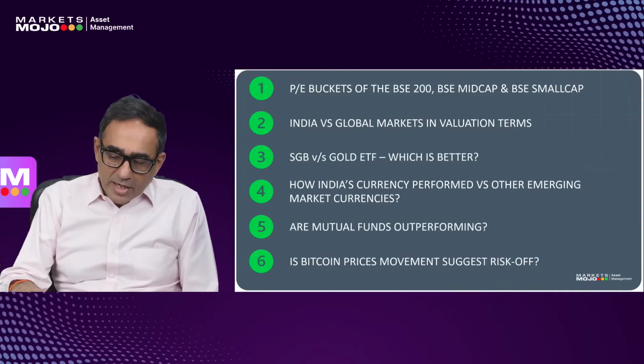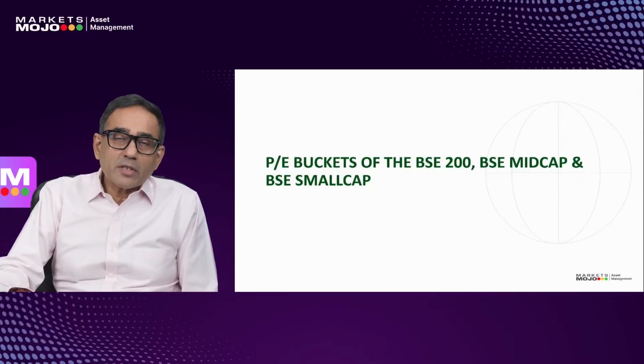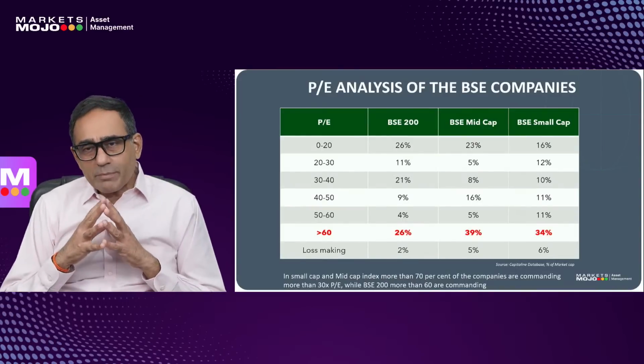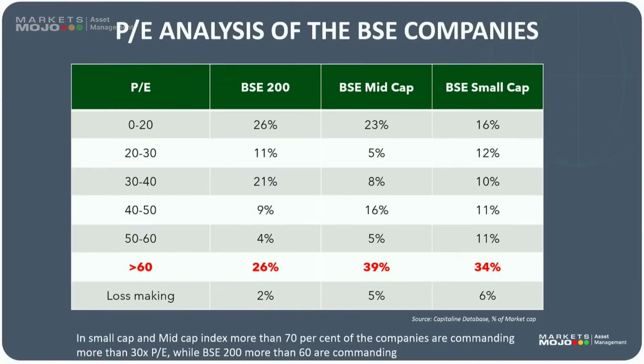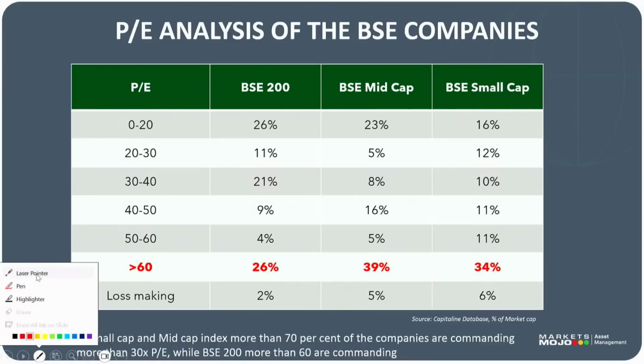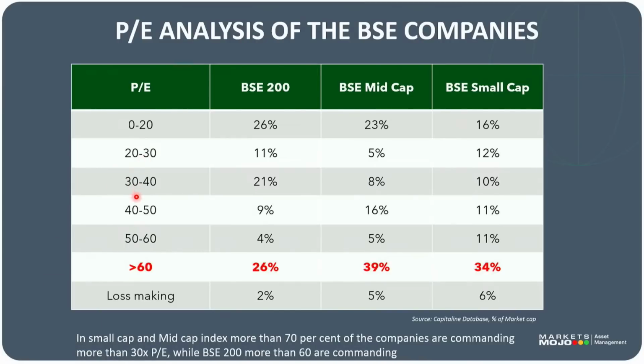So let me start with my first data point, the price earning bucket. What we have done is basically divided the BSE 200 basket into various buckets of price to earning. The first bucket is 0 to 20, then 20 to 30, 30 to 40, 40 to 50, 50 to 60, and more than 60.